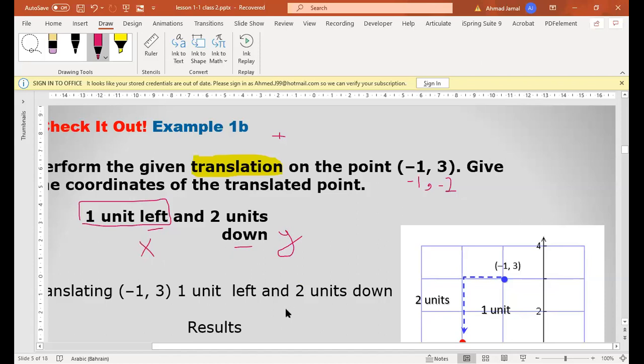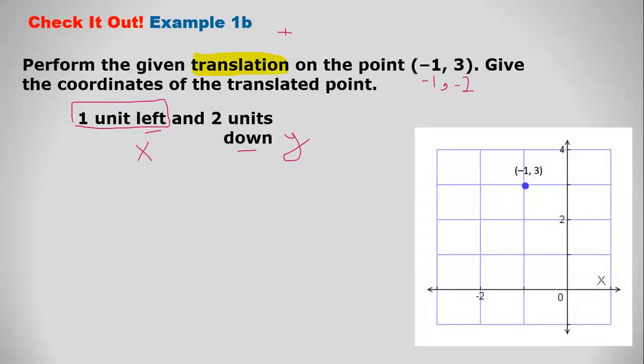Look here. This point, (-1, 3), I will check by using the coordinate plane. This point moves 1 unit to the left. Where is 1 unit to the left? Here, this is the new point.